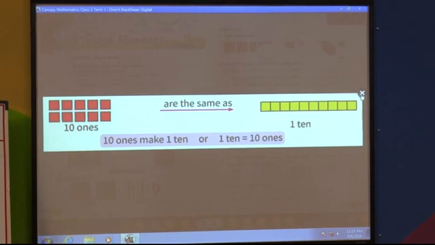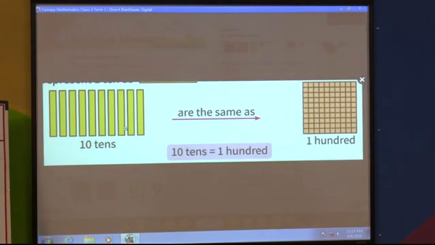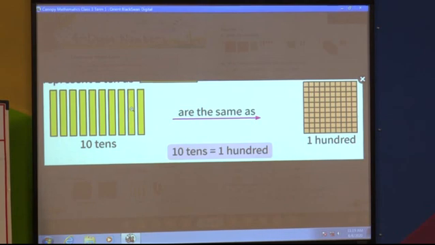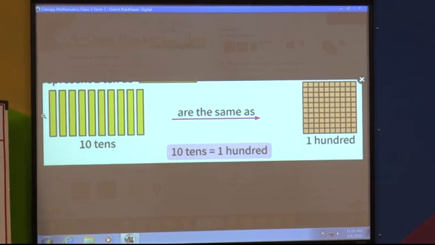Understood? Okay. Now see what I am going to do here. Again I am going to arrange these strips vertically. Let us count how many strips are there. 1, 2, 3, 4, 5, 6, 7, 8, 9 and 10.